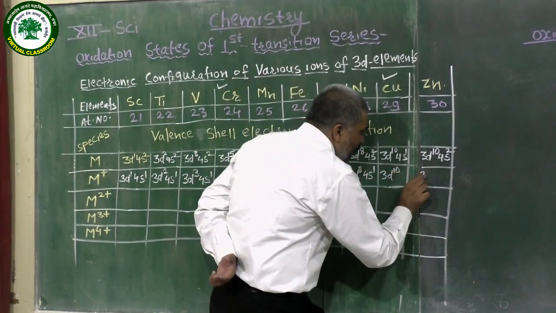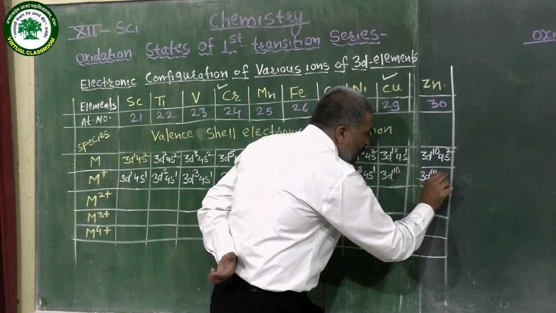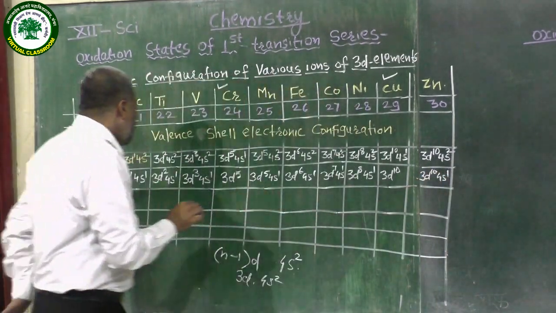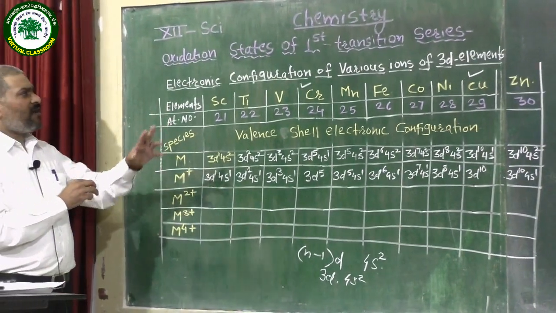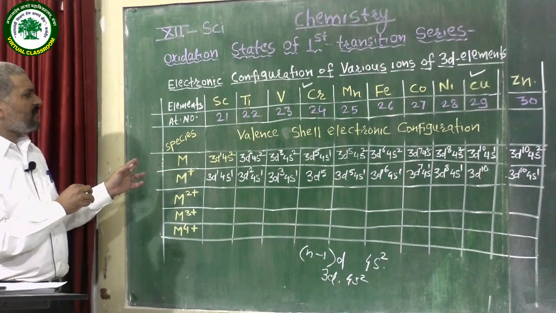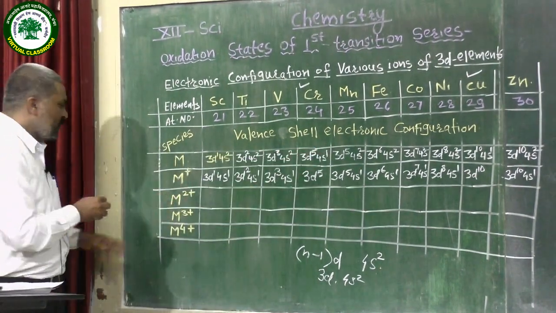And in case of zinc, 3d10 4s1. All these are the different valence shell electronic configurations of monopositive ions.